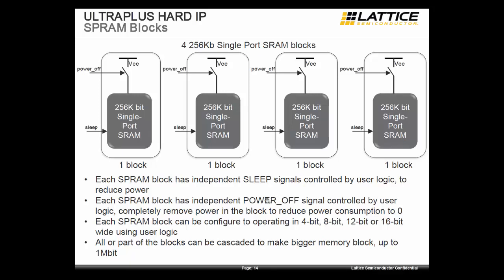And the power off signal also can be controlled by the user logic to completely remove power from these blocks, hence reducing the power consumption for each one of these to 0.